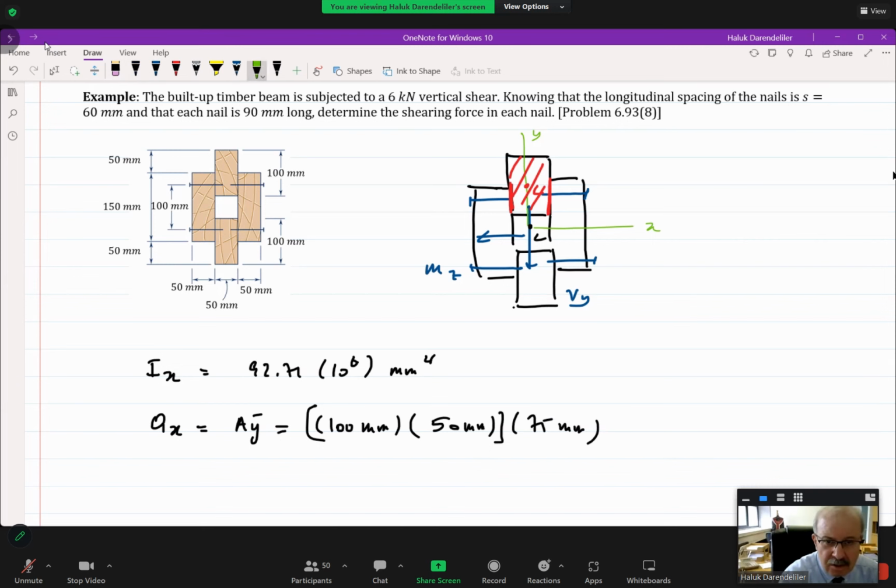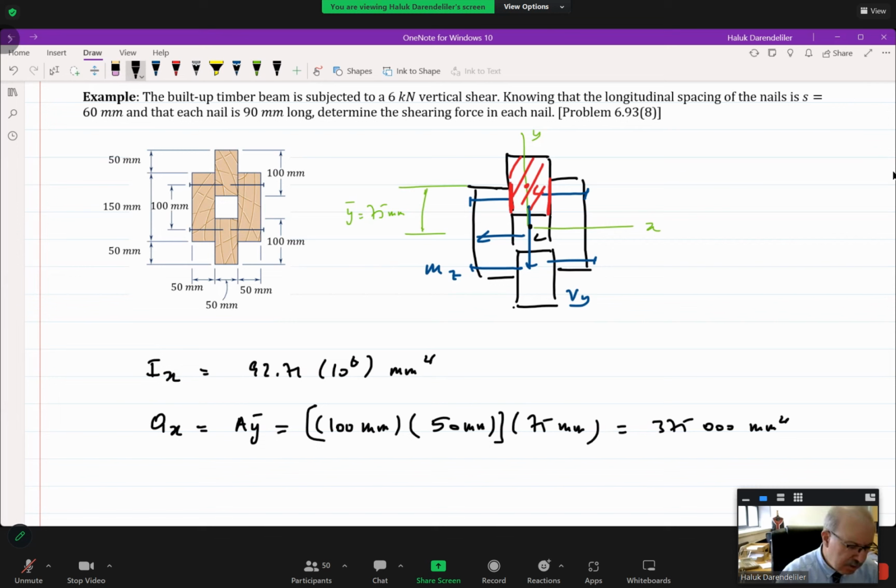You can easily calculate it. This distance is y bar, and it is equal to 75 millimeters. Now, once you have calculated Q, which is equal to, at the end, 375,000 millimeter to the power 4.